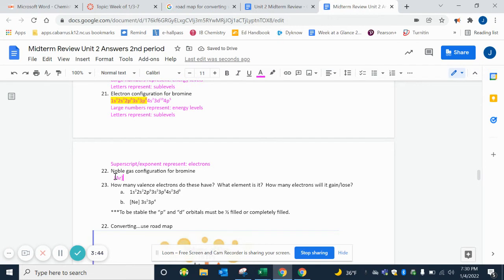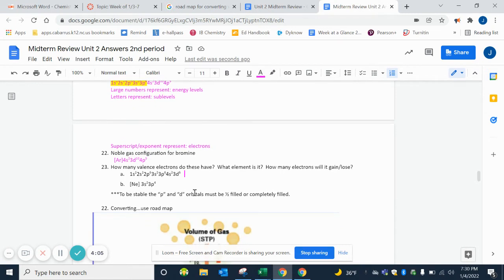And then we just have to add on those last few electrons. So we start on the row that bromine's on, which is the 4th row, and we would say 4s2, 3d10, we're at zinc, and then 4p5 puts us at bromine.